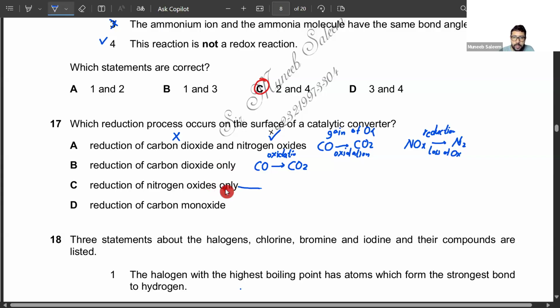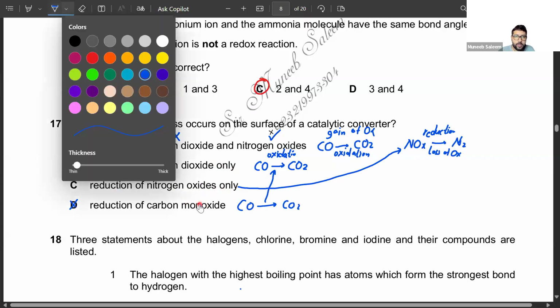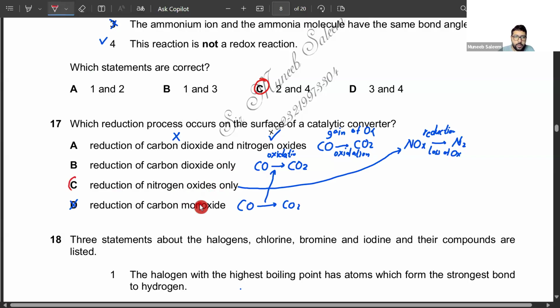That has already been explained here, so that is yes. D says reduction of carbon monoxide. No, carbon monoxide converts into carbon dioxide through oxidation, so D is also wrong. The only correct option is C, the reduction of nitrogen oxides into nitrogen.